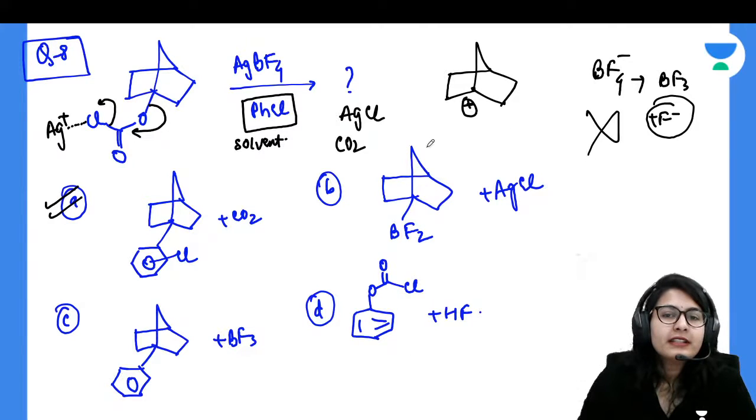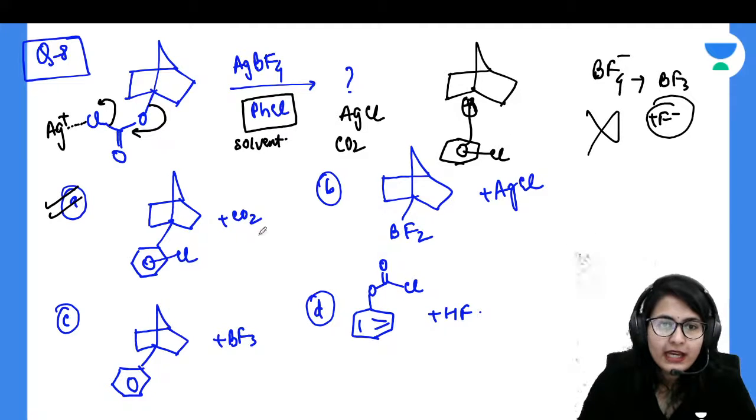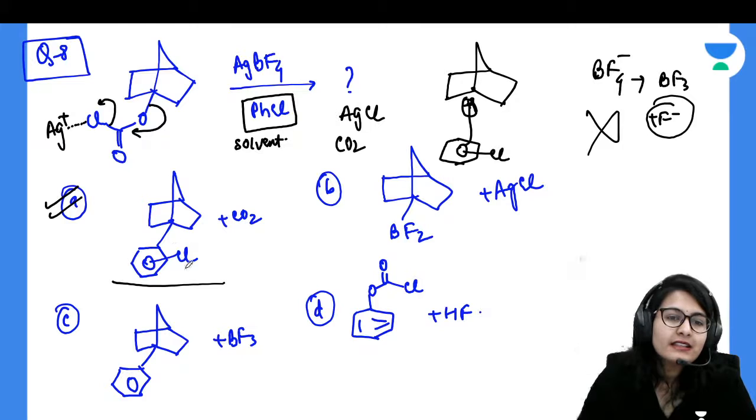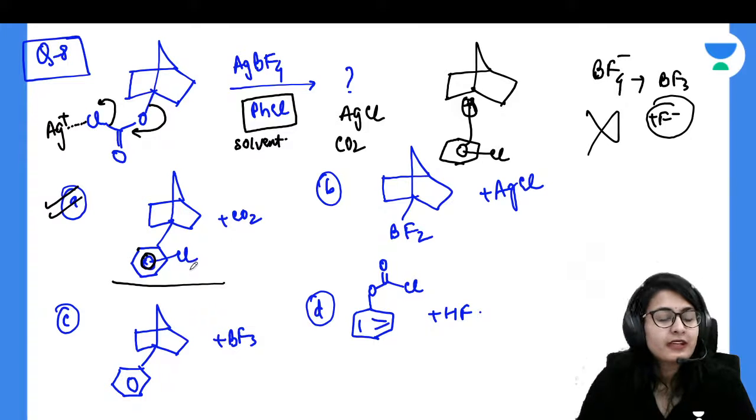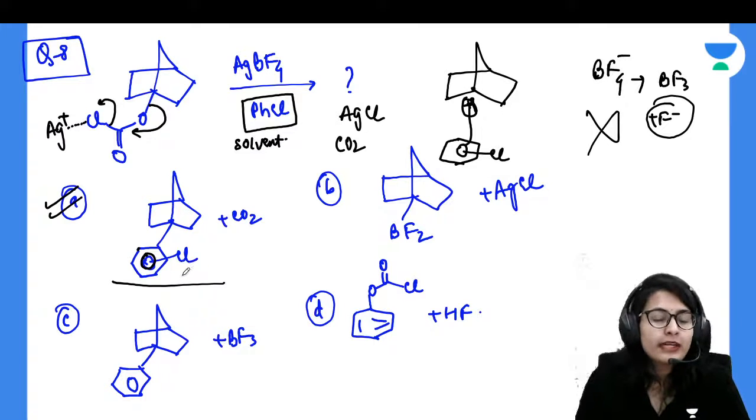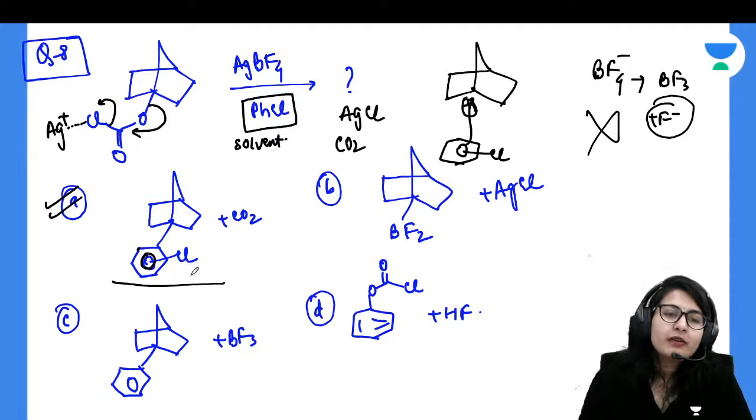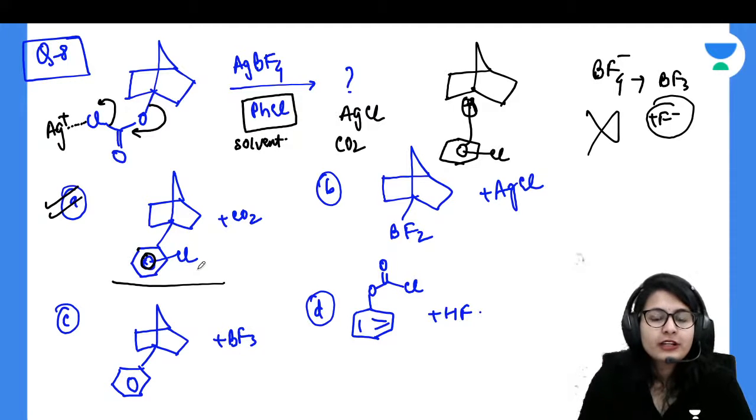And there is a solvent in excess. What is the solvent? You have chlorobenzene. So chlorobenzene is going to attack over this carbocation and going to give you the product like this. Now why have I written the Cl into the ring over here? Because it is not specific that the Cl is going to be ortho, meta or para. You don't have to be worried about that. You will get a mixture of products.